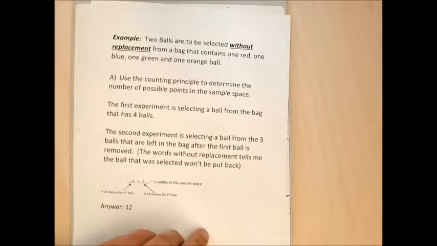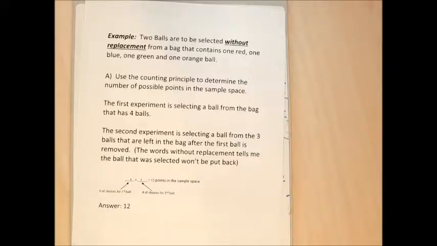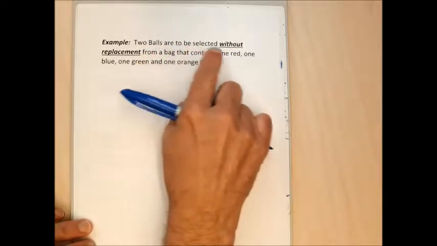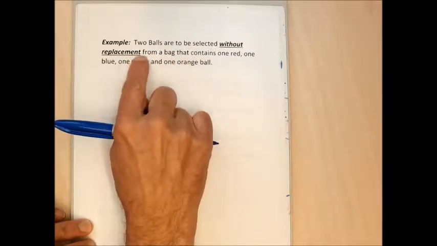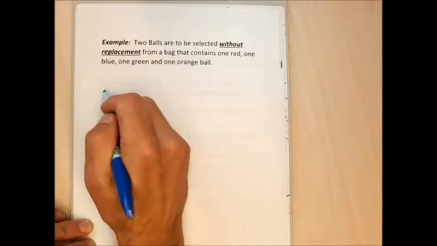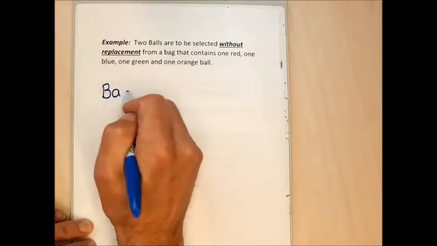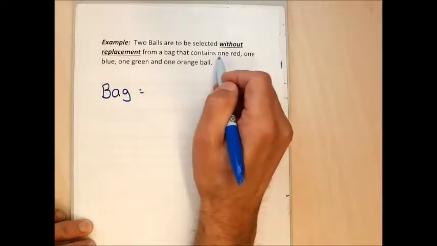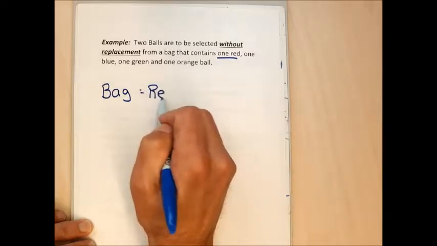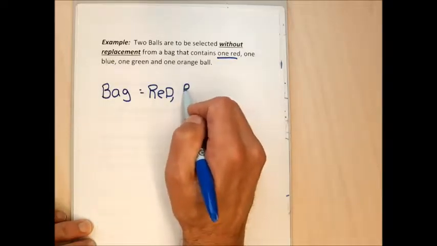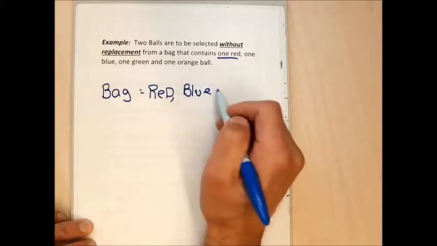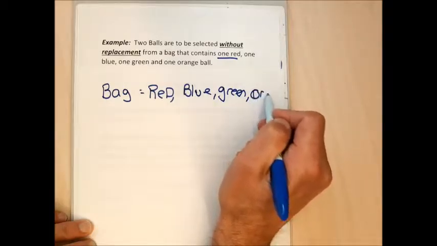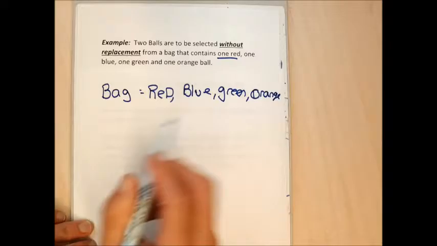So another example of doing 2 experiments that don't feel like 2 experiments. In this problem, 2 balls are going to be selected from a bag without replacement, and this bag of balls has 1 red ball, 1 blue, 1 green, and 1 orange.